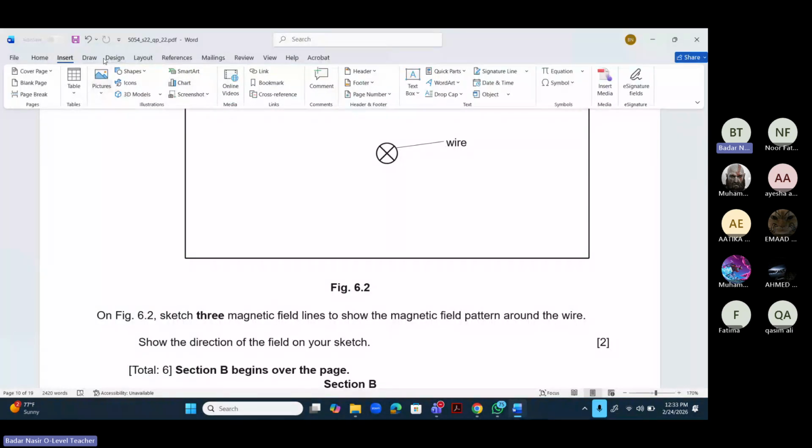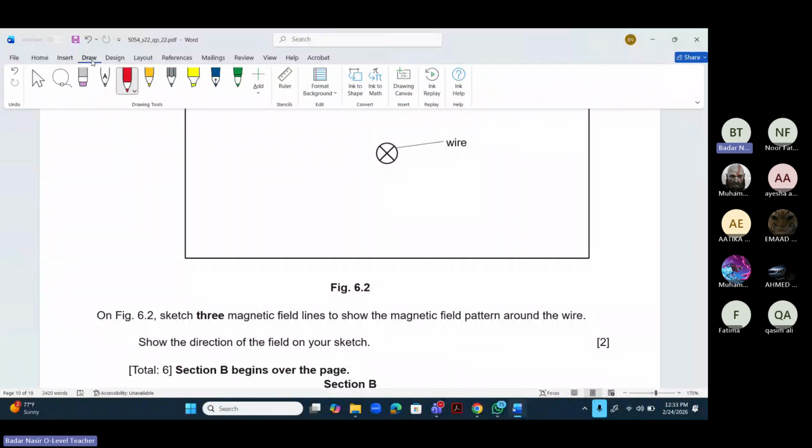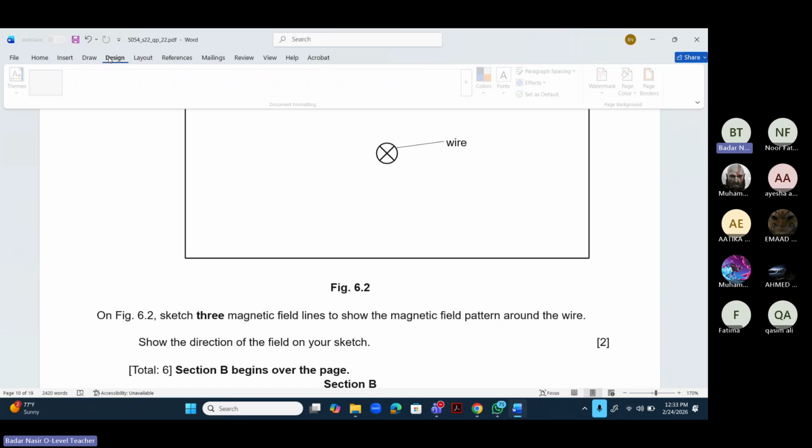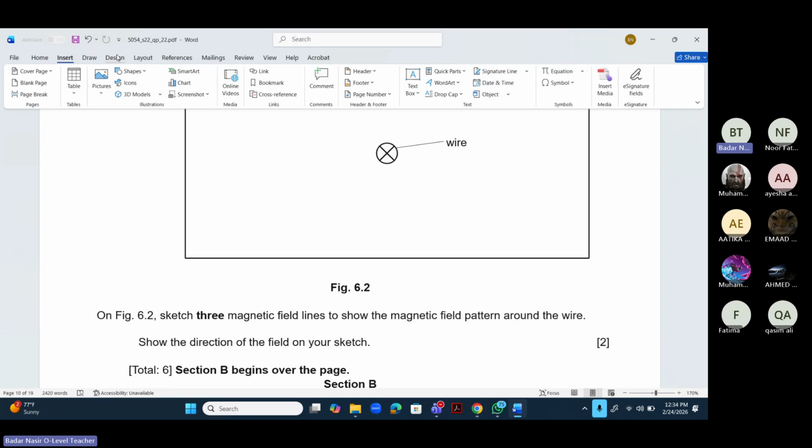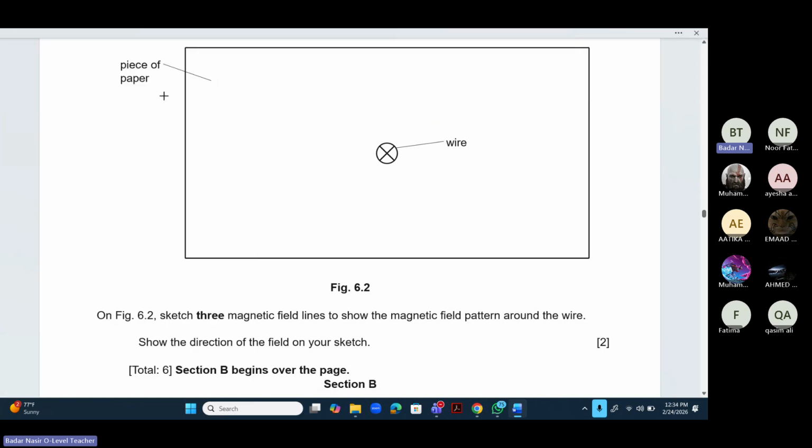Magnetic field will be strong close to the wire. Shape वाला ऑप्शन किधर चला गया? Oh, here it is. Yeah.